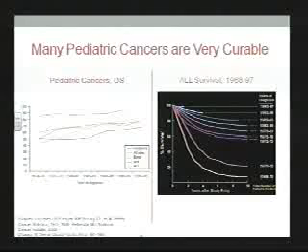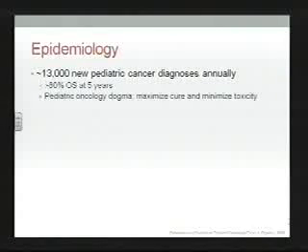As you can see, the survival has improved markedly in the long term. There are approximately 13,000 new pediatric cancer diagnoses each year, and right now our overall survival is approaching 80%. Our main goals are, of course, to maximize this cure rate, but also to minimize toxicity.